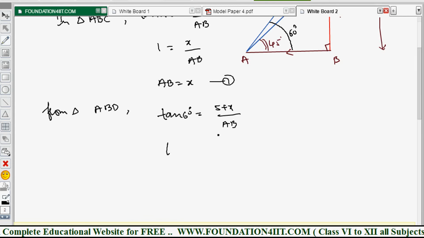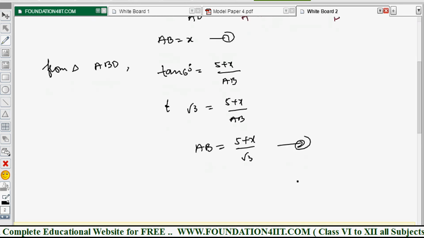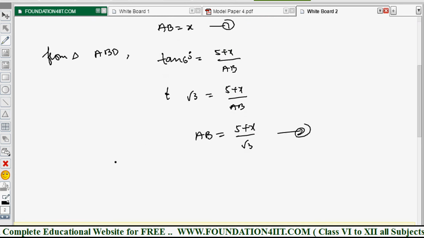Tan 60 is root 3 here. So root 3 is equal to 5 plus x by AB. Then AB is equal to 5 plus x by root 3. Second equation. So AB is x and AB is equal to 5 plus x by root 3. From equations 1 and 2, since the LHS is the same, we can equate the RHS.